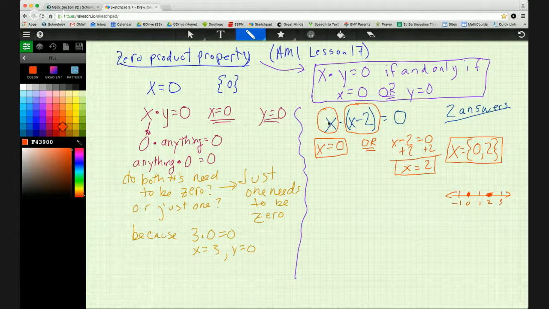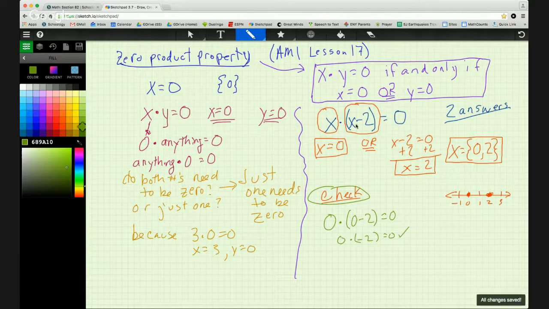And we can even go back in here and check. Let's check our answer. I know we don't like our check step, but it can always be an easy way to check. Here, we'll make our check step in green. If x is 0, does 0 times 0 minus 2 equal 0? Does 0 times negative 2 equal 0? Check. But we have to check our other answer.